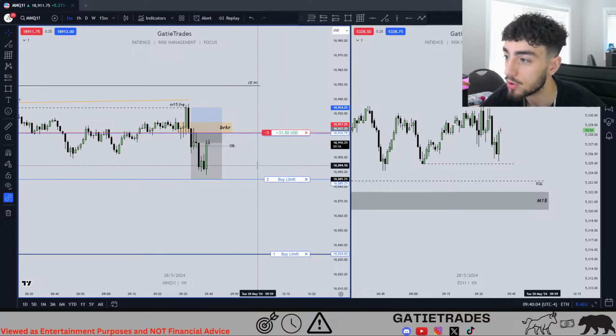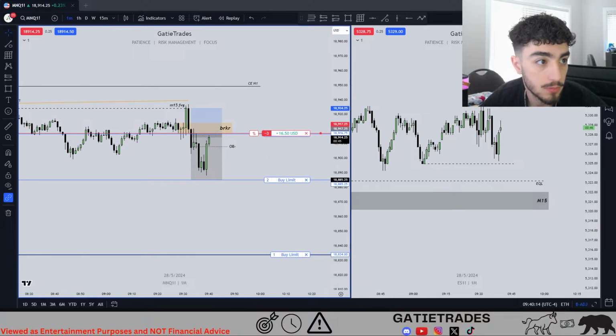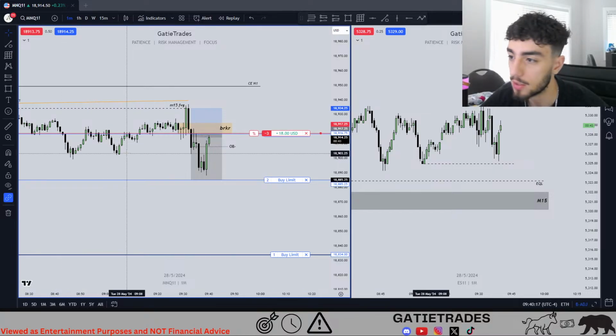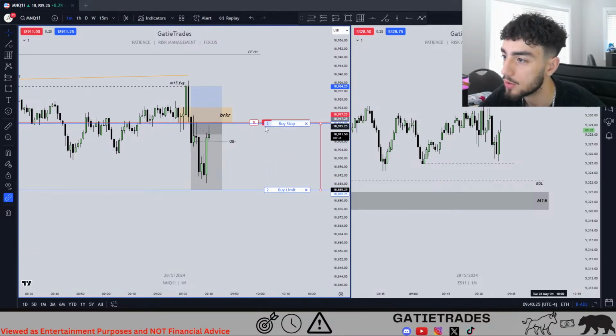We inversed, which is not nice. Still alive for now, but it's probably gonna hit our stop if it's inverting like this. There's no sense to the stop loss.